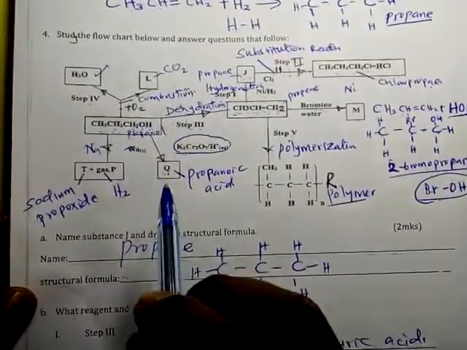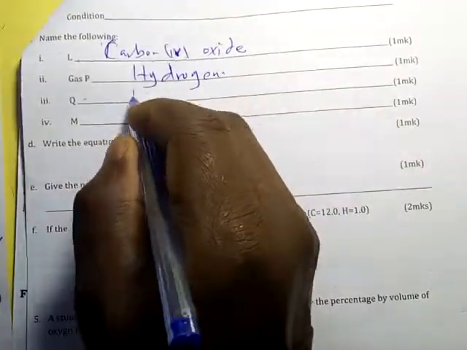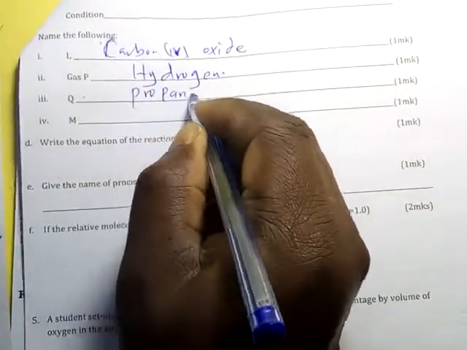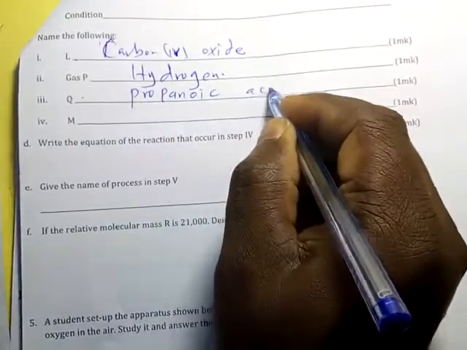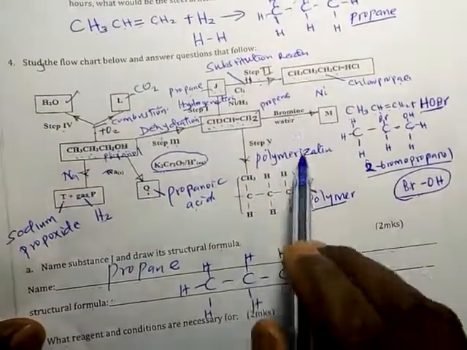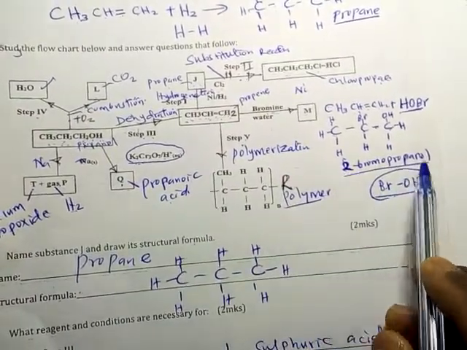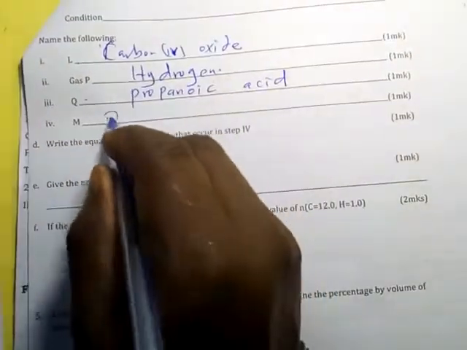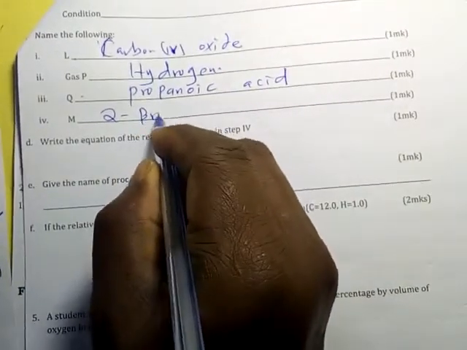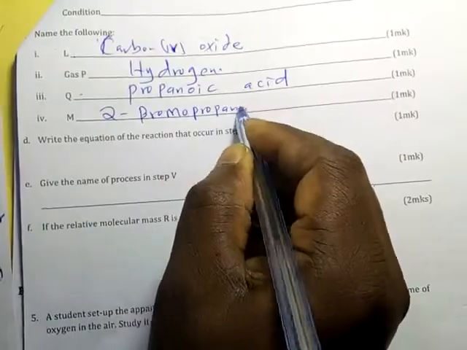Q is propanoic acid. M, where is M? M is here. M is called 2-propanol.